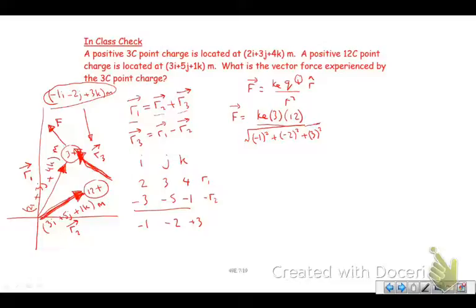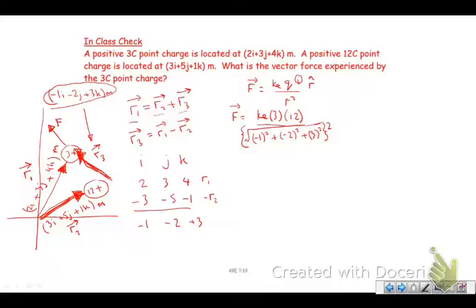Agreed? Yep. Now, is that r or is that r squared? That's R. So I need to square that. Okay. There's my magnitude. All I need to do now is work out this unit vector.